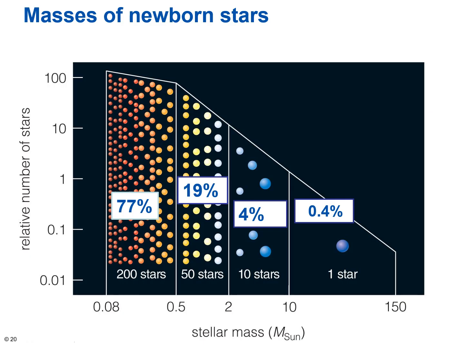Remember also from chapter 16, the breakdown of masses of newborn stars. Between 0.08 and 0.5 masses, about 77% of stars have that much. From 0.5 to 2, about 19%. Now this dividing line right in the middle of the page where I'm pointing, is stars less than 2 solar masses. You just saw on the previous screen that that is low mass stars.